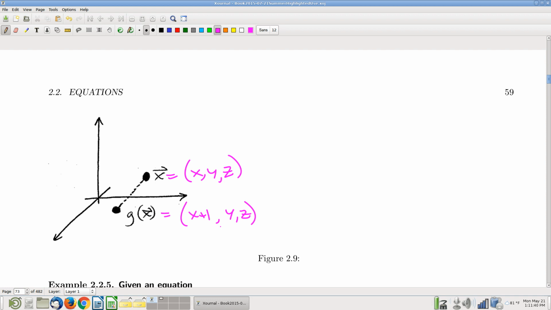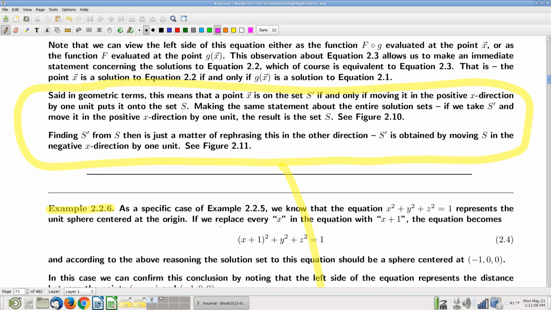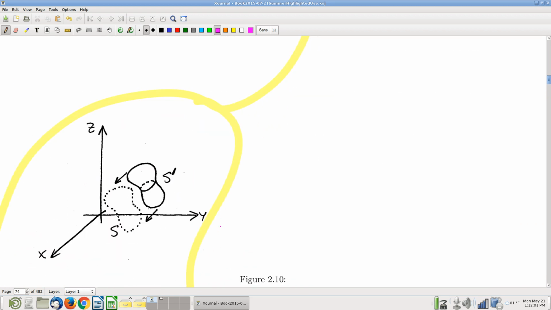Simple formula. Note that it pushes in the positive x direction by a distance of 1. So what happens to the solution set, though, it turns out it's exactly the backwards of this. It's exactly the opposite of what you would expect. And there's a real easy picture for how to decide this.